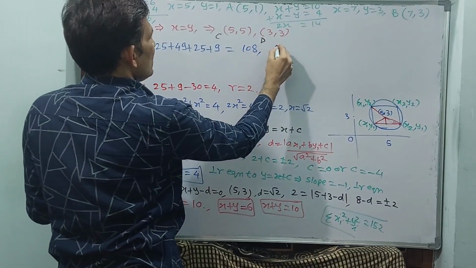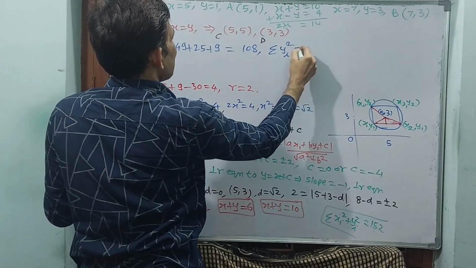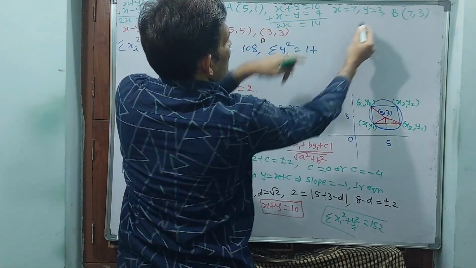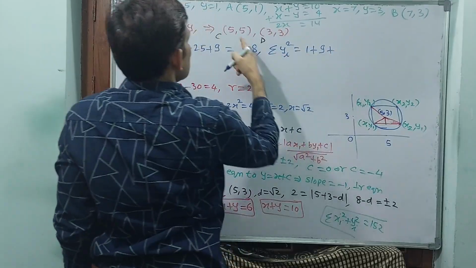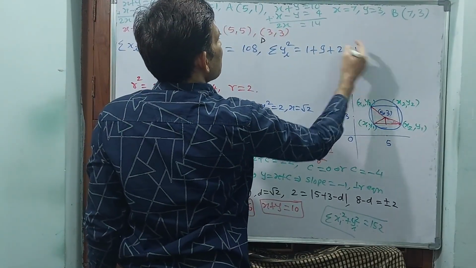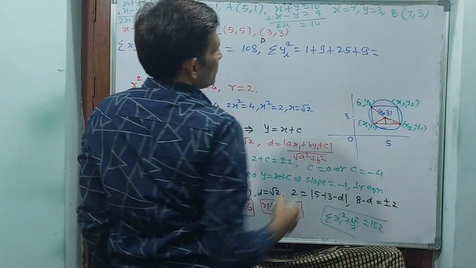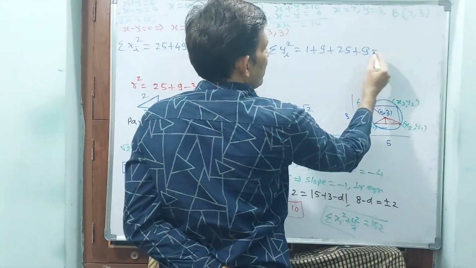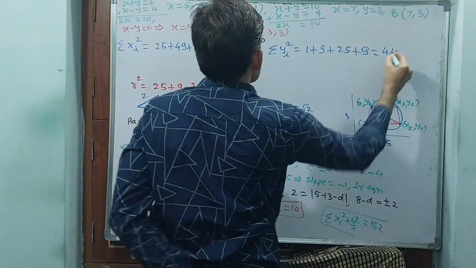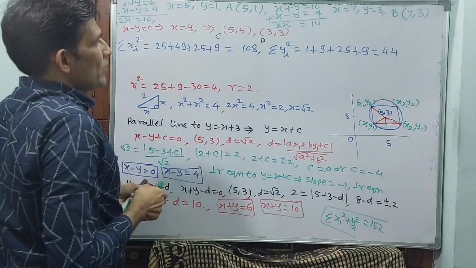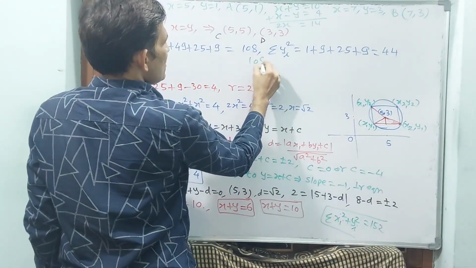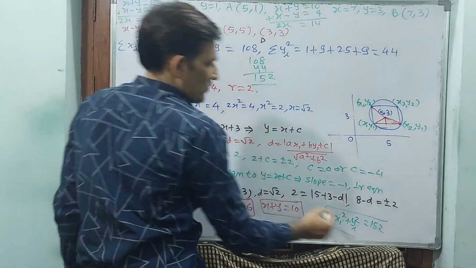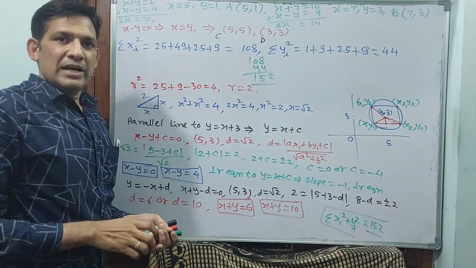Okay, comma, sigma yi square: 1 square 1, 3 square 9, 5 square 25, 3 square 9, that is equal to 9 plus 1, 10, 34, 44. Okay, now you add both, 108 plus 44, 152. 152 will be your answer. Okay, let us go for next question.